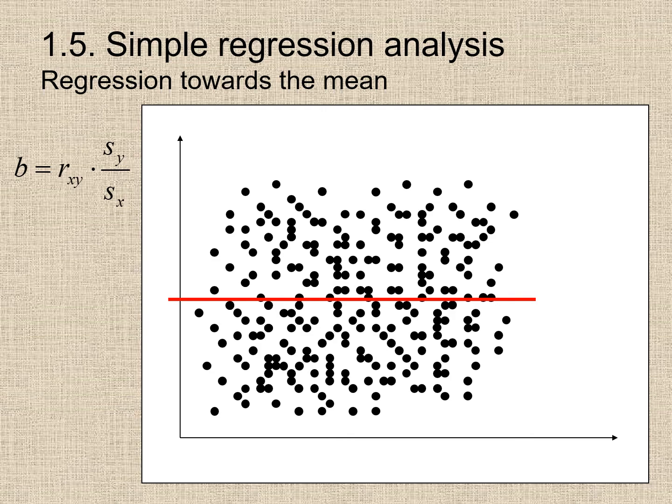What value do people tend to have on a certain variable? Most of them, for a variable that is normally distributed, have a value that is close to the mean. So we make the best guess. If you're going to guess what value a certain person has on a certain variable, you guess the mean. That's the best you can do with no other information.